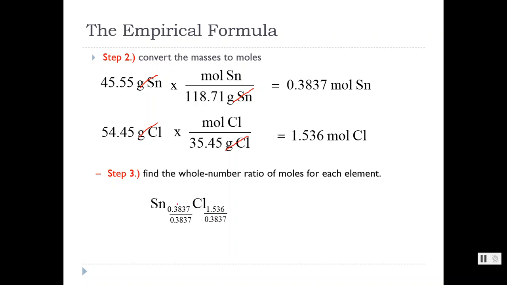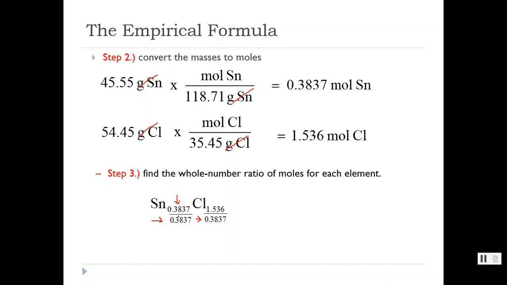Between 0.3837 and 1.536, the smallest number is 0.3837. So I divide both my tin mole number and my chlorine mole number by that.